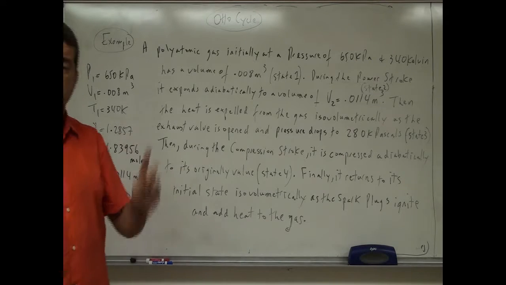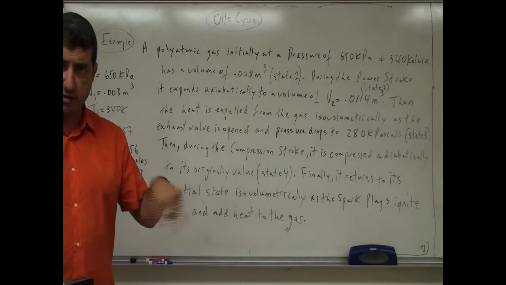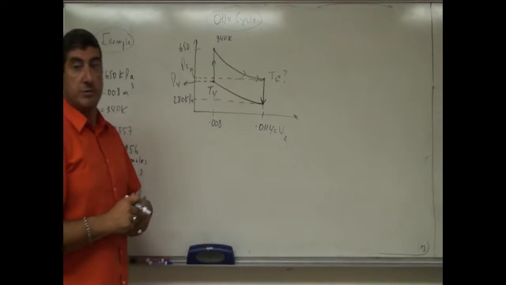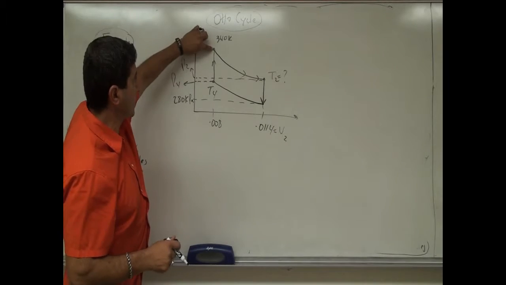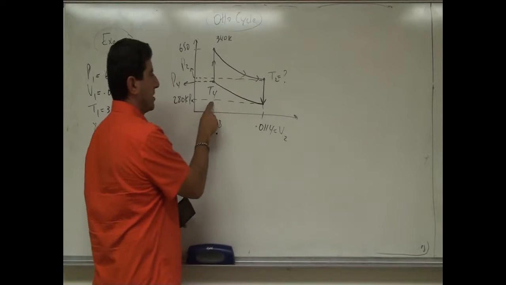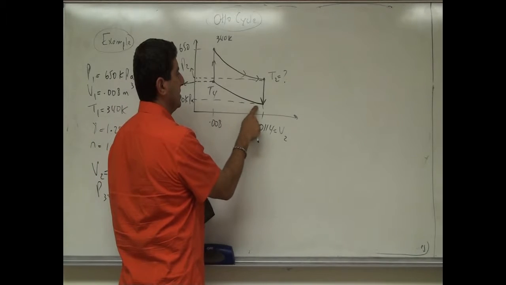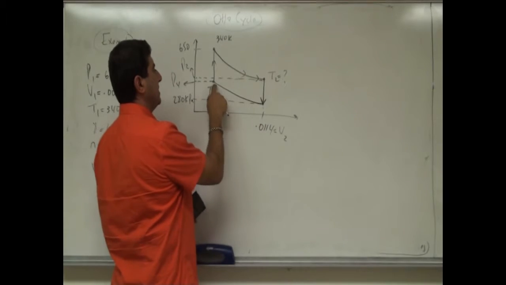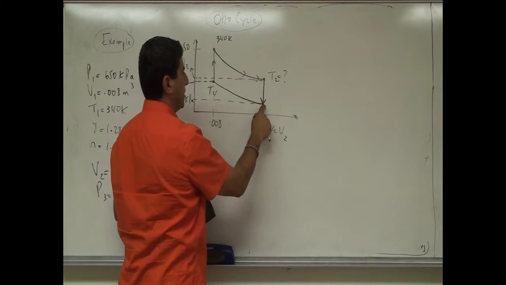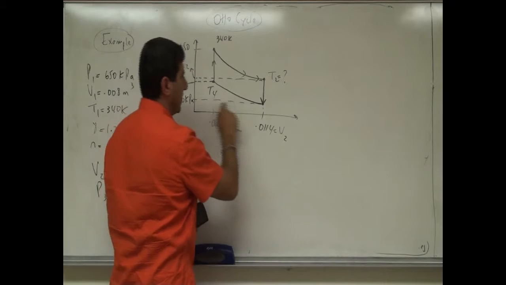Let's draw the PV diagram of this cycle, and then let's ask a bunch of questions based on it, right? So even though this problem starts out the story over on the top here, in the real engine, remember, for the Otto cycle, it actually starts here. The gasoline comes in, then we compress it adiabatically, then we go up isovolumetrically, then we go down, then we exhaust the gas, new gasoline comes in.